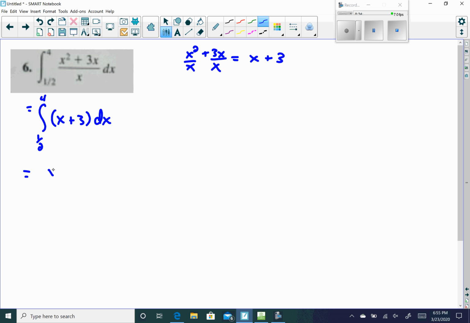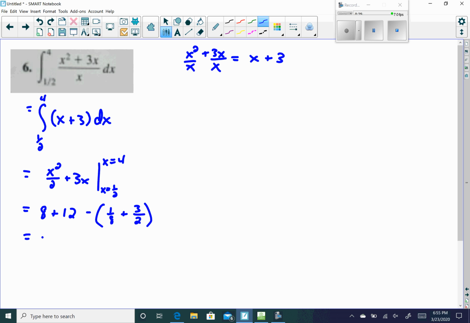We're just going to get x squared over 2 plus 3x, evaluated at x equals 1/2, and then x equals 4. So putting a 4 in first, 4 squared is 16. 16 divided by 2 is going to give us an 8. Plus 3 times 4 is going to give us 12. And then minus 1/2 squared is 1/4. 1/4 divided by 2 is 1/8. And then plus 3 times a half, which is just going to give us 3/2.